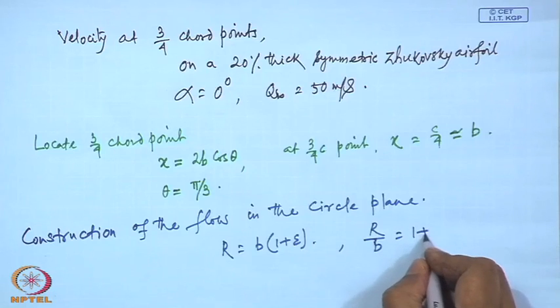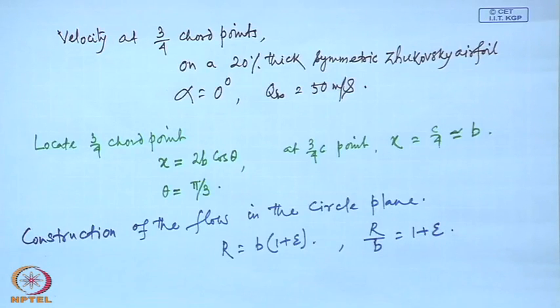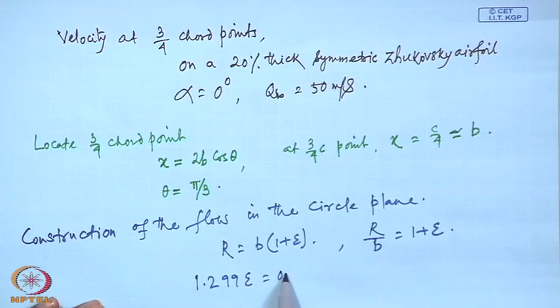So, we will keep it as the ratio R by B is 1 plus epsilon, and epsilon can be found from the thickness. How much is the epsilon? 1.299 epsilon equal to 0.2. Okay, that gives epsilon equal to 0.154.